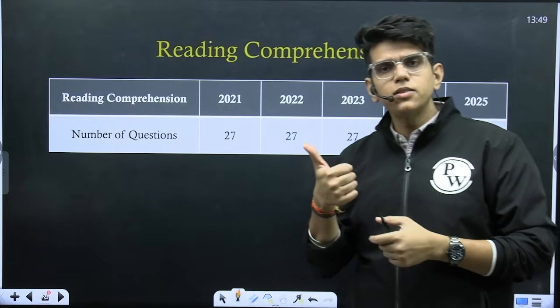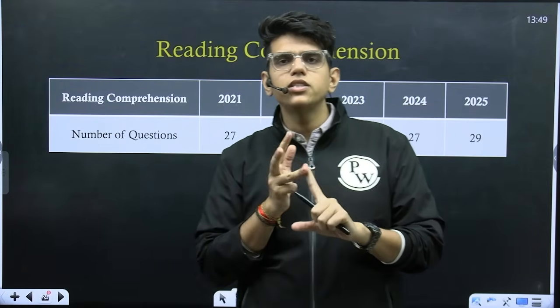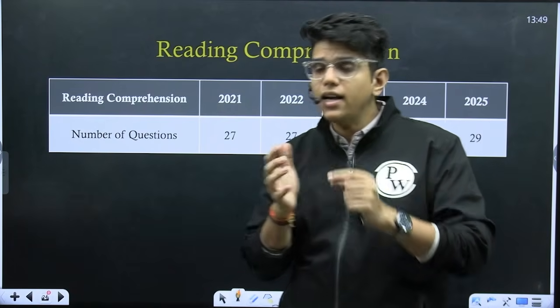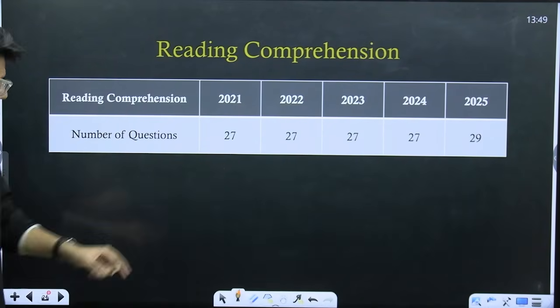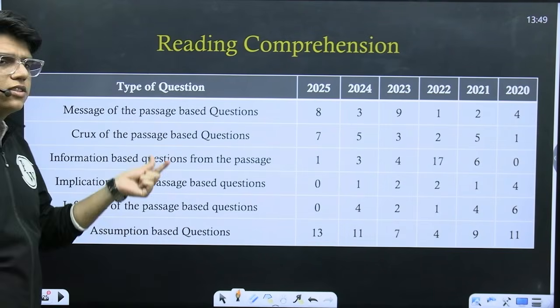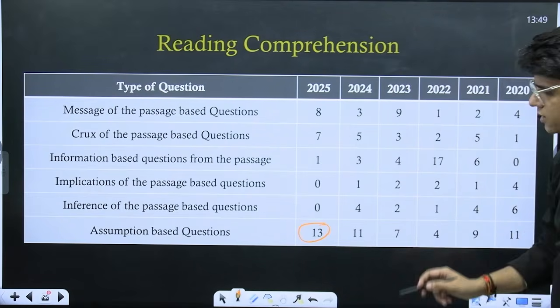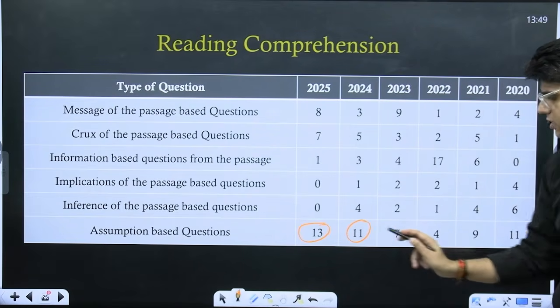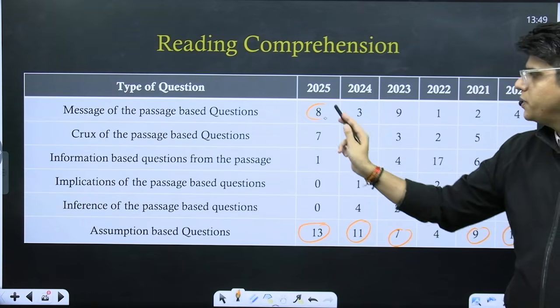Message based questions, inference based questions, assumption based questions, crux based questions, info fetching questions, and implication based questions. Now within these, if you see the distribution of these questions, there are some sets which are very important. If you see assumption, every year you are getting 13 questions from assumption, 11, 7, 9 and 11. Another important is message based questions.